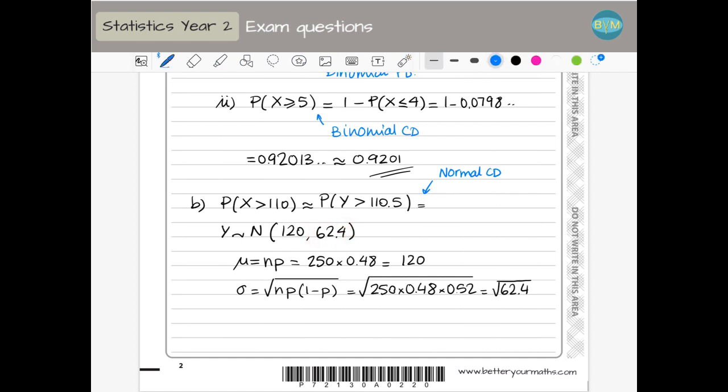And if you do that, you get 0.88544. If we round to 4 decimal places, we are leaving something like this: 1, 2, 3, 4. And that's it with this exam question. So this is the last answer that you have.